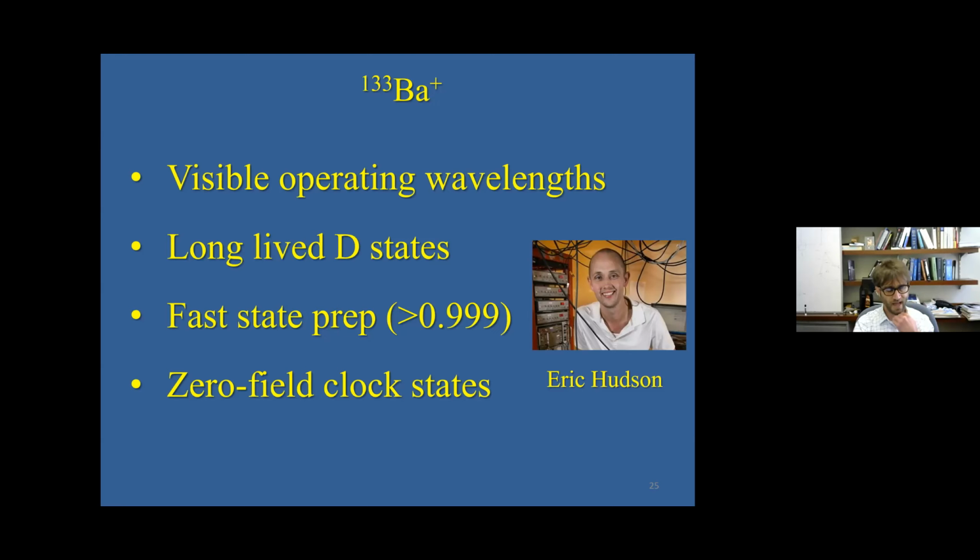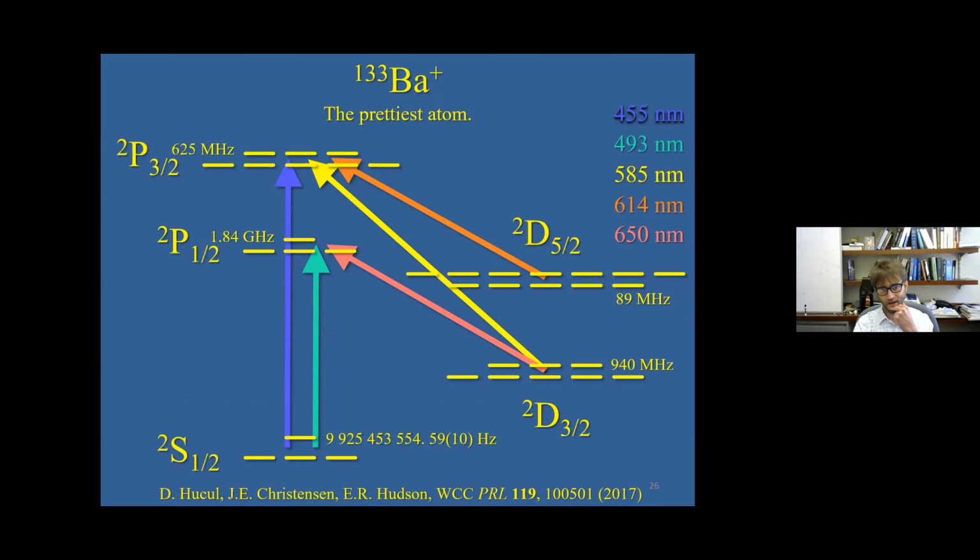So it gives us that high fidelity, fast, very easy state preparation step that Charles talked about. It is also the prettiest atom. If you have an atom that is prettier than this, I will challenge you to an atomic beauty contest, because this thing is like a rainbow, all right? At the end of the rainbow, I think we all know what we expect to find. Cheers.